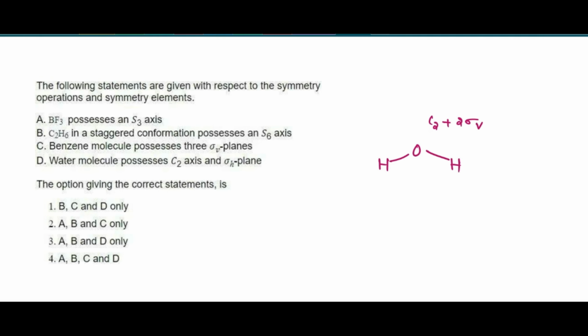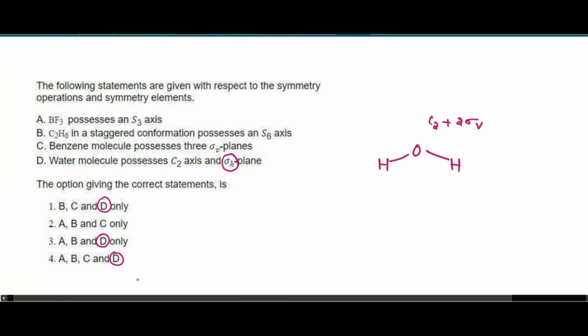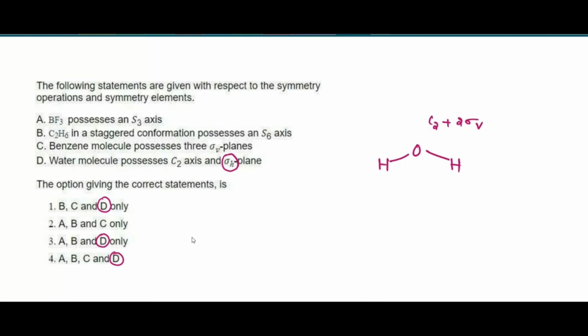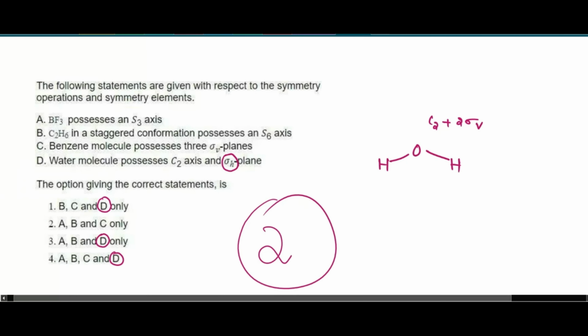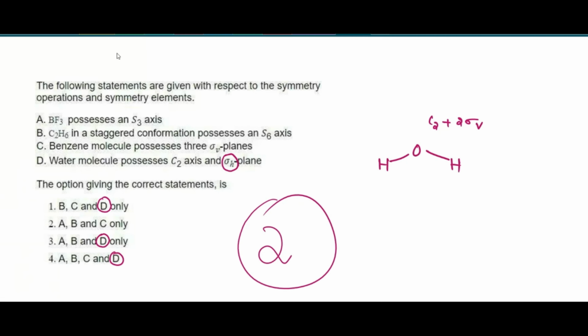Here they say sigma h exists, so statement D is absolutely wrong. You see, here D is said to be correct, here also D is correct, and here also D is correct. So just by knowing the nature of water, you can understand that the correct answer to this question is option 2. 4 marker, very easy.